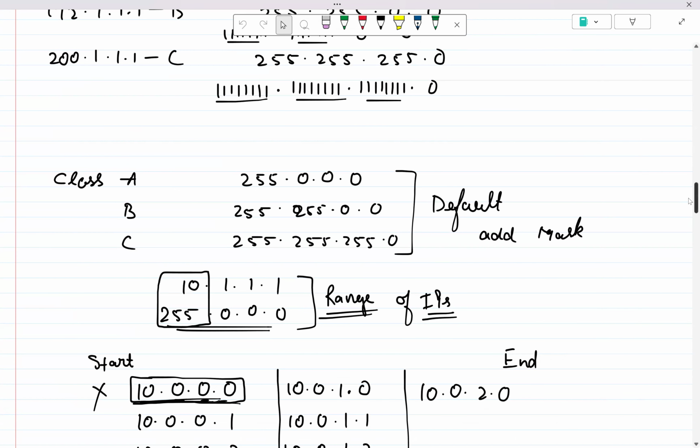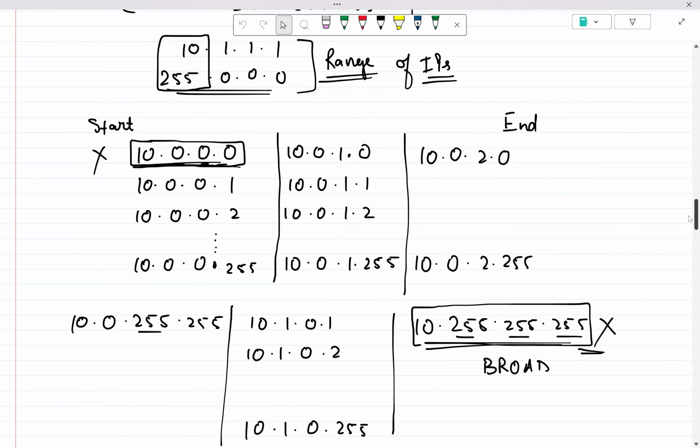And then we also saw what we mean by the range of IP addresses for each of the different classes, right? So for class A, we took an example of a 10 dot IP address, and then we saw what is the starting IP address and what is the ending IP address, right?